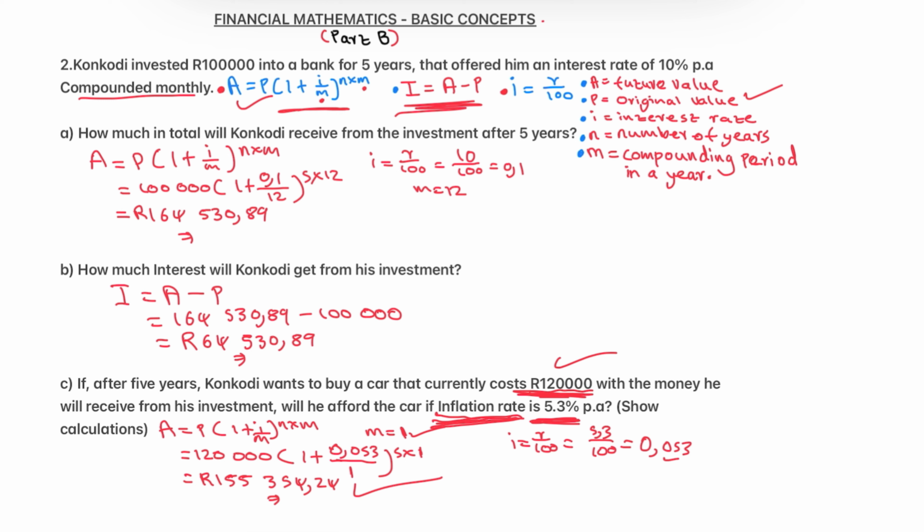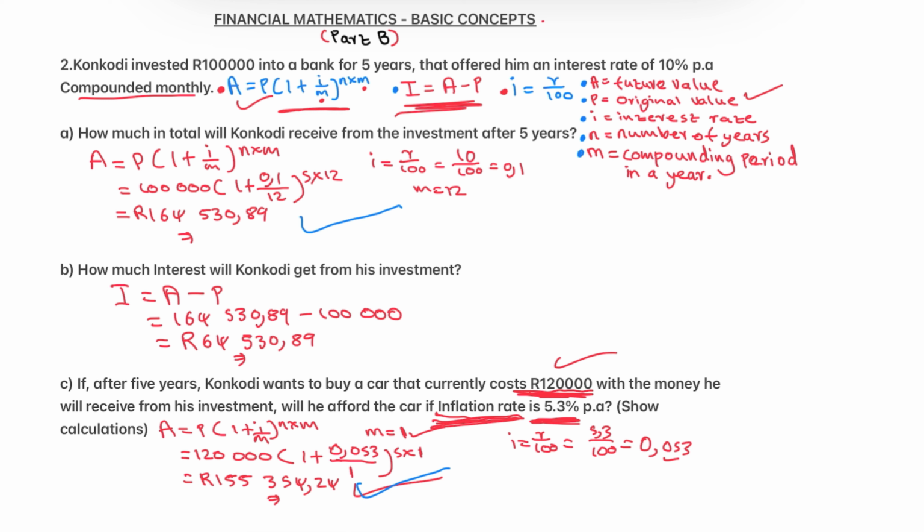Now that we know the price of the car, how do we determine if the person will afford the car? We check how much the person has or will have in 5 years' time. In 5 years' time, we had already established that the person will have 164,530 rand 89 cents in his bank account. And again, we established that the car will cost 155.